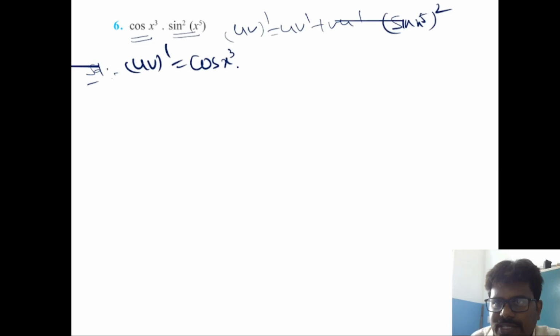So this is just like the x square formula. X square differentiation is nothing but 2x. So here the differentiation of sin square x power 5 will become 2 into sin x power 5, and now the differentiation of x power 5 we have to write.